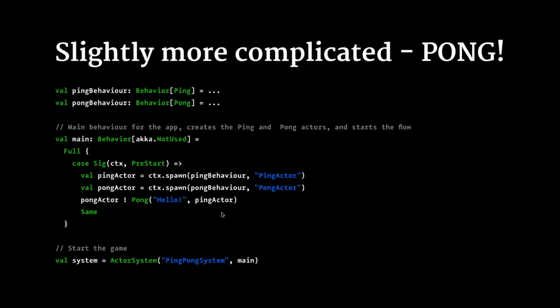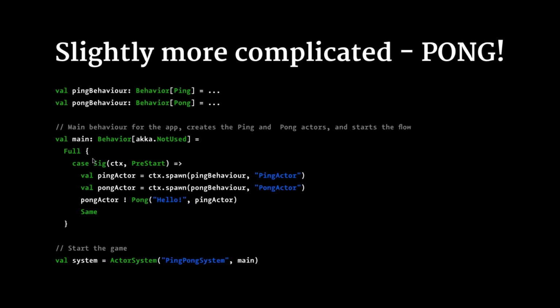Now that we have these two behaviors, then we can wire them in together. So we have those two behaviors stored in our variables in there. So our actor system is set up a little bit different. We also have a root actor, of course. We'll call that the main behavior here. Now here we're leveraging a signal in order to start the ping pong game.